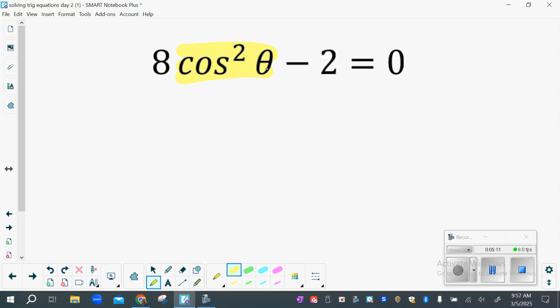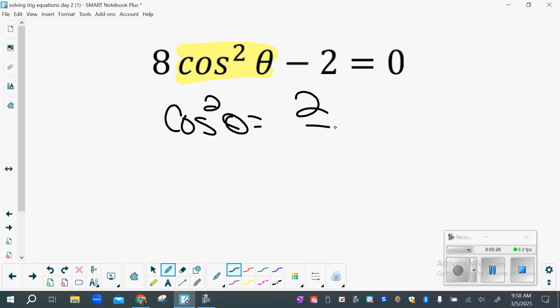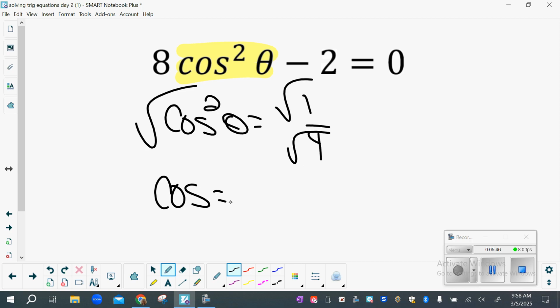Okay, so here's what we want to be careful of. You guys are great at the math. This is what you did. You went cosine squared equals 2/8, and you made it 1/4. But then we're going to square root. Cosine equals 1/2.